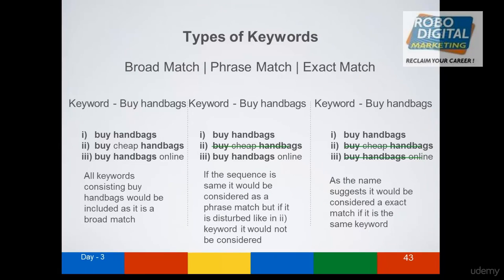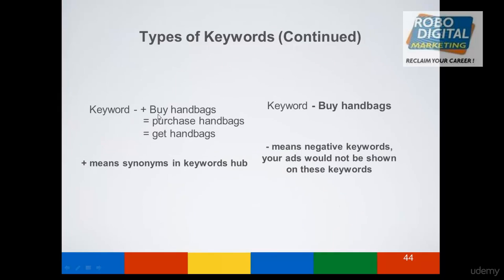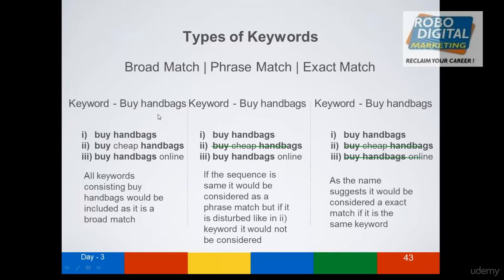And if the user searches buy handbags online, my ad will still be shown, as my keyword is a broad match keyword. Broad means it covers all the things. If this keyword is coming anywhere, it will show my ad directly.